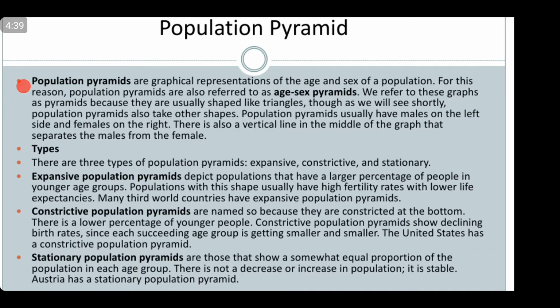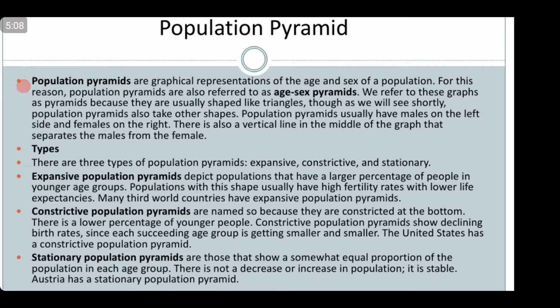Before I explain these three types of population pyramids, I must tell you about some other things related to age structure. There are great variations in the number of people in each age group in different nations, isn't it? You cannot see the same age group of population in almost all countries.